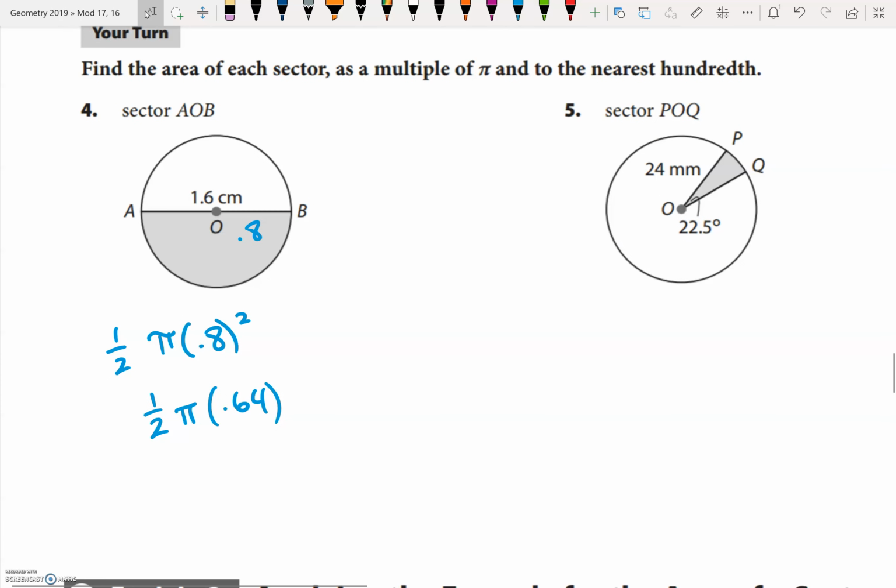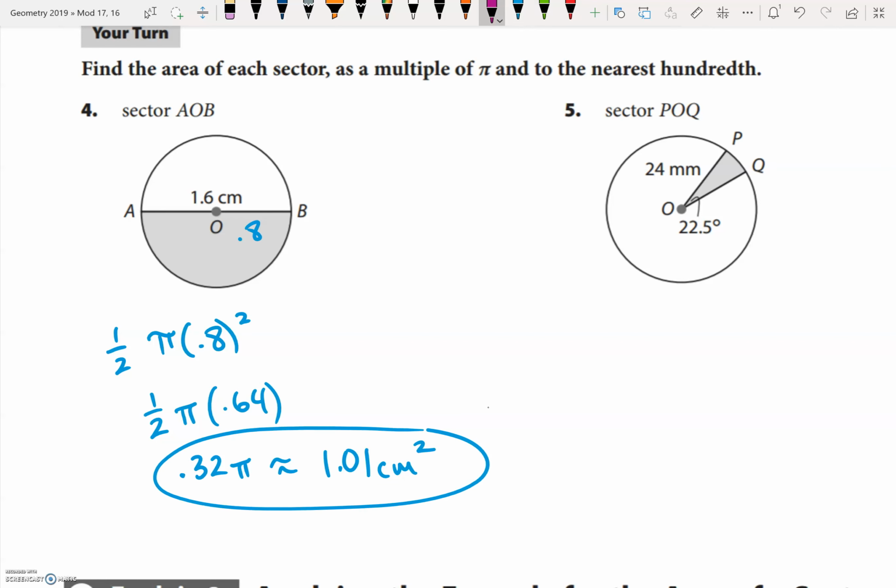Half of 0.64 is 0.32 pi, or approximately 1.0, to round to the nearest hundredth, 0.01 centimeters squared.